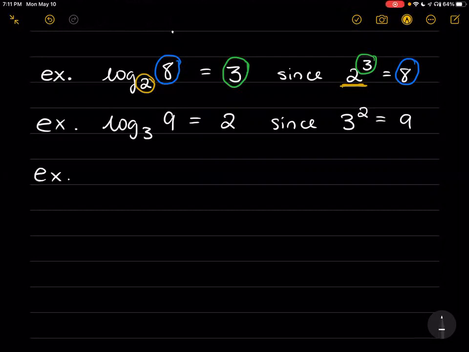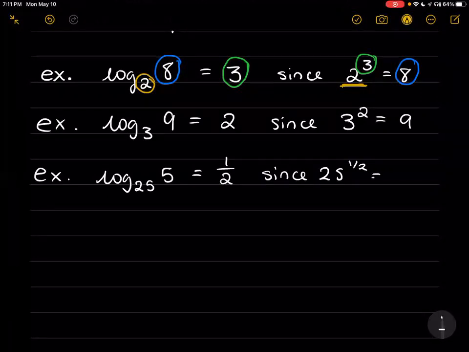For example, we could do log base 25 of 5. Here we're asking, what power do you need to raise 25 to to get back 5? I think the answer is going to be 1/2, since 25 to the 1/2 is equal to the square root of 25, and that's just 5. Okay, so there are some basic logarithms.